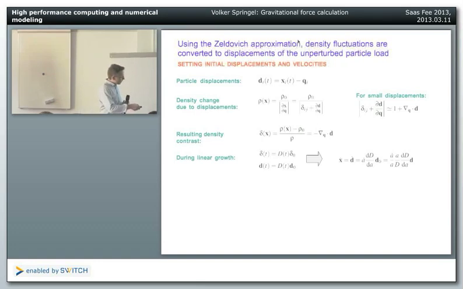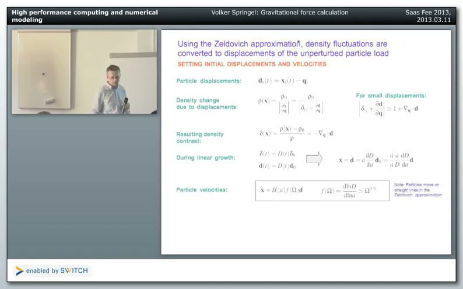You can also express it like this: the velocity x dot from these equations will be proportional to d. The particles will also move in the direction of the initial displacement. That means once you have the displacement field d, somehow we get to this, you also have the initial velocities.